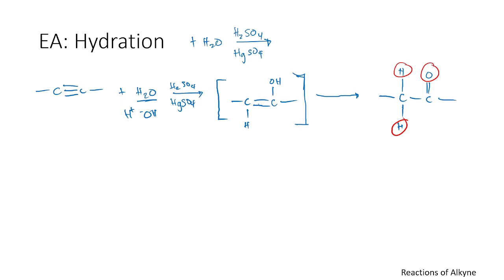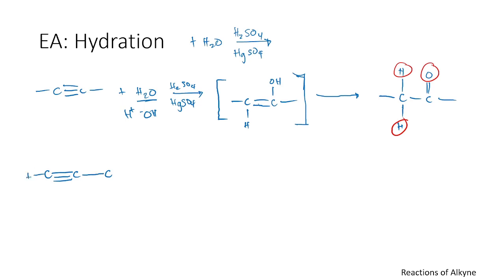For example, let's take 1-propyne, or propyne. By propyne, we have our three carbon atoms, then our triple bond and our single bond.